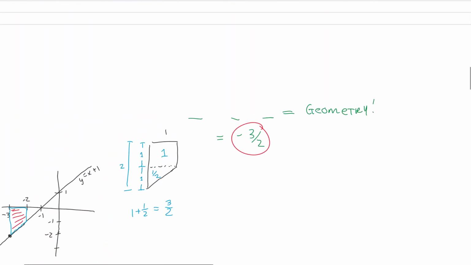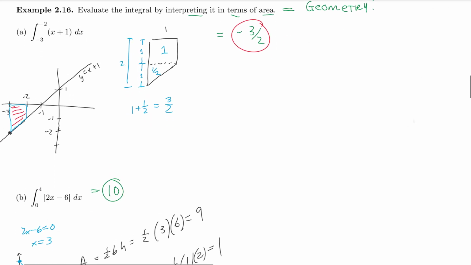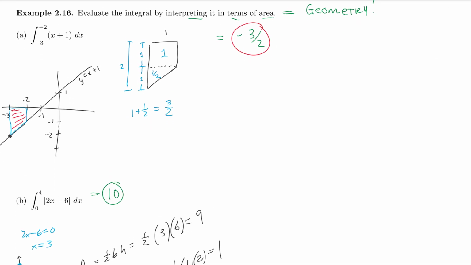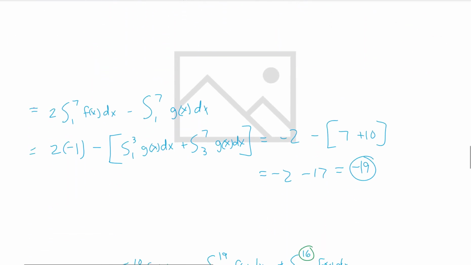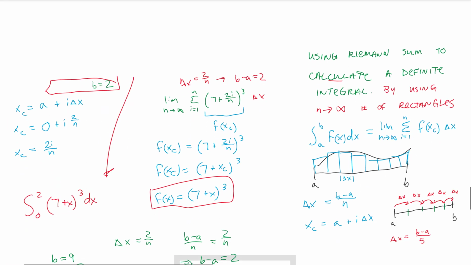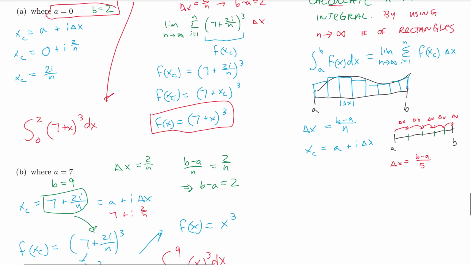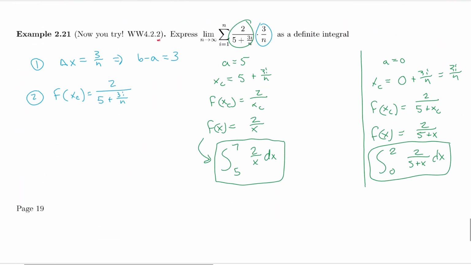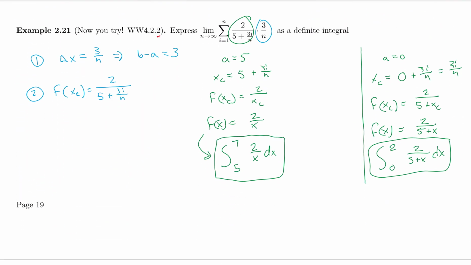And then right away in section 4.3, our next lesson, we're going to learn how to use the fundamental theorem of calculus, which is using antiderivatives to calculate integrals. So all of this work here at the end of the notes, where we were doing this crazy Riemann sum stuff, basically you just need to get through your web work on this stuff, and then you don't need to worry about it again, because this is kind of the work beneath the fundamental theorem of calculus.